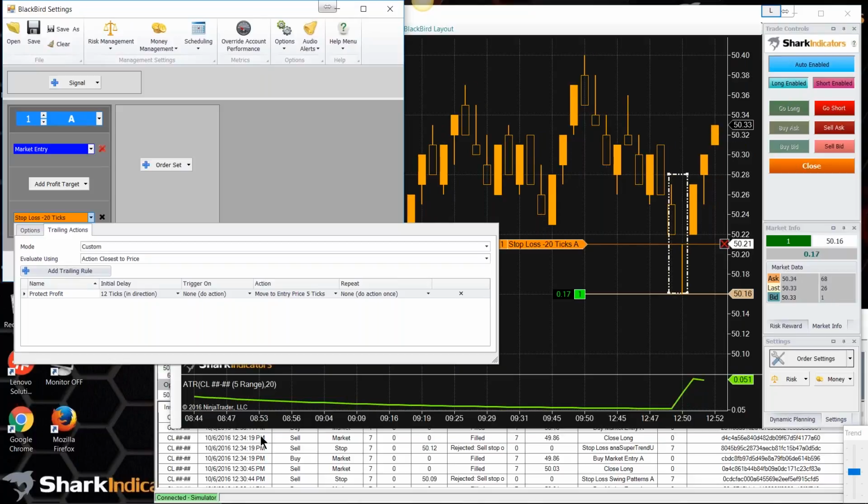A variable trailing stop. Well, Frank, what are you using to control this variable trailing stop?